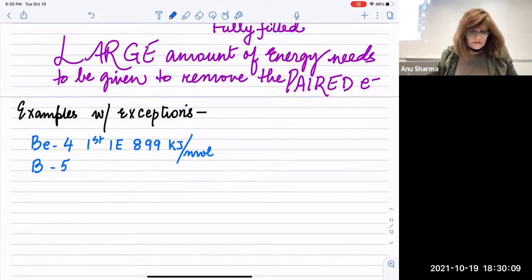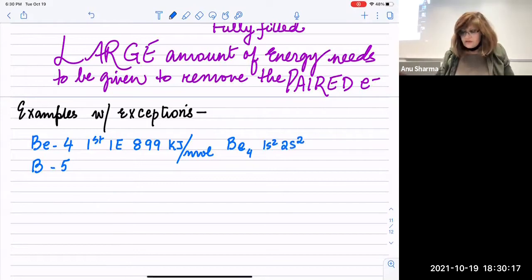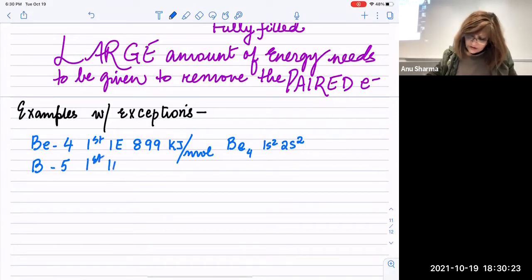Okay, so this means beryllium 4 is 1s2, 2s2. Okay, simple. Next comes boron. Boron's first ionization energy is 800, lesser. This is an exception. Why?